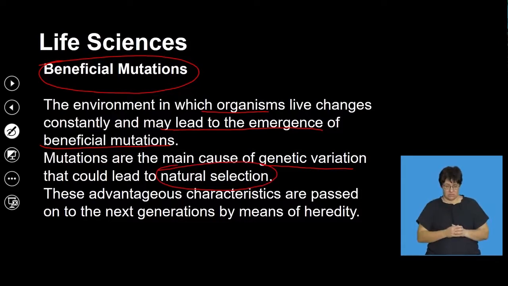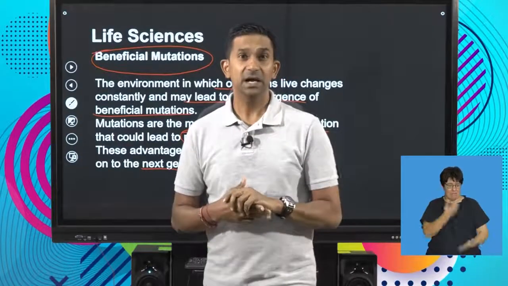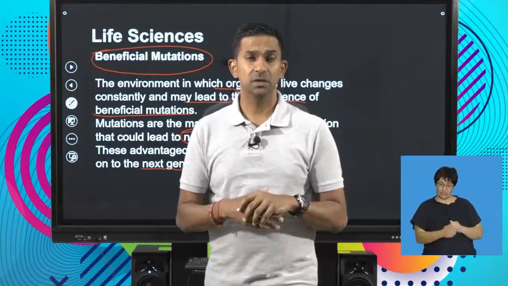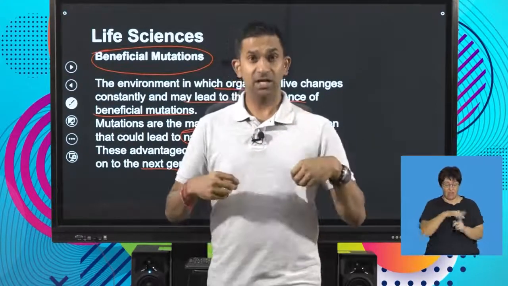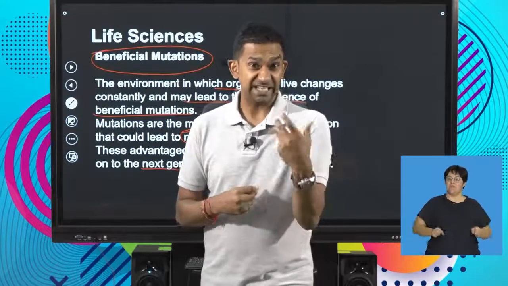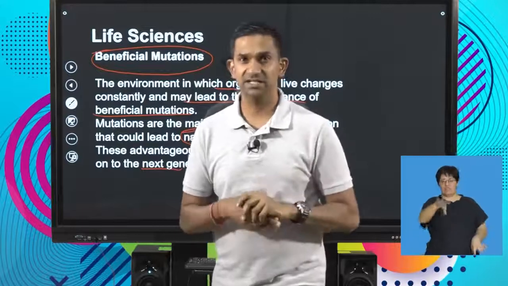And the advantages of these are then passed on from one generation to the next. Having just looked at sickle cell anemia, we know that that mutation can be harmful. However, in the context of the environment changing, when a mutation gives an individual a better chance at adapting to that environment, we say that natural selection has taken place.